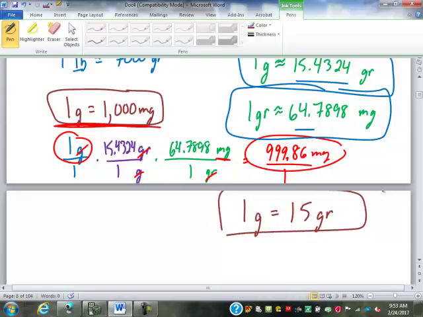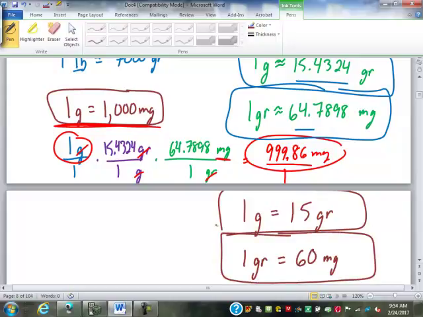The one that really seems awkward, I don't know why they didn't do, well, I'll make a note. This textbook uses 1 grain equals 60 milligrams. Now you'll note if I were to multiply 15 times 60, I get 900. That's trying to tell us there's only 900 milligrams in a gram.